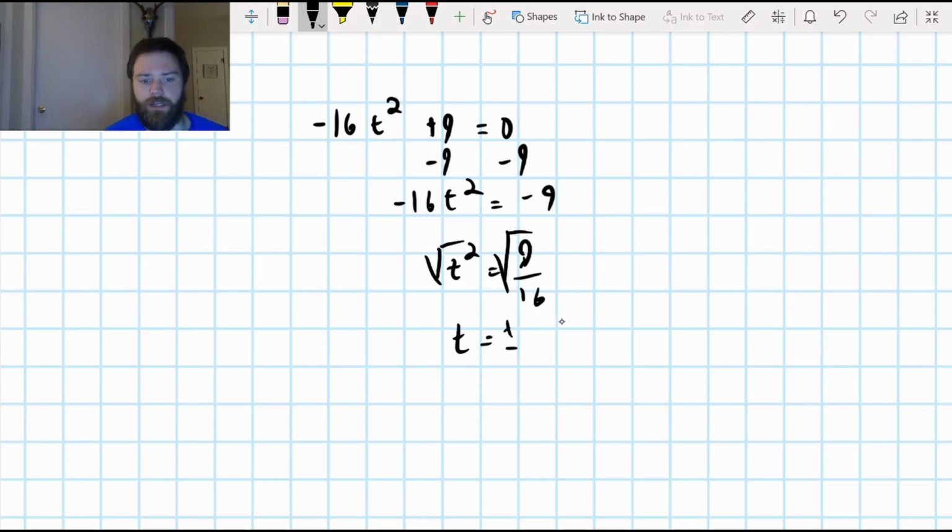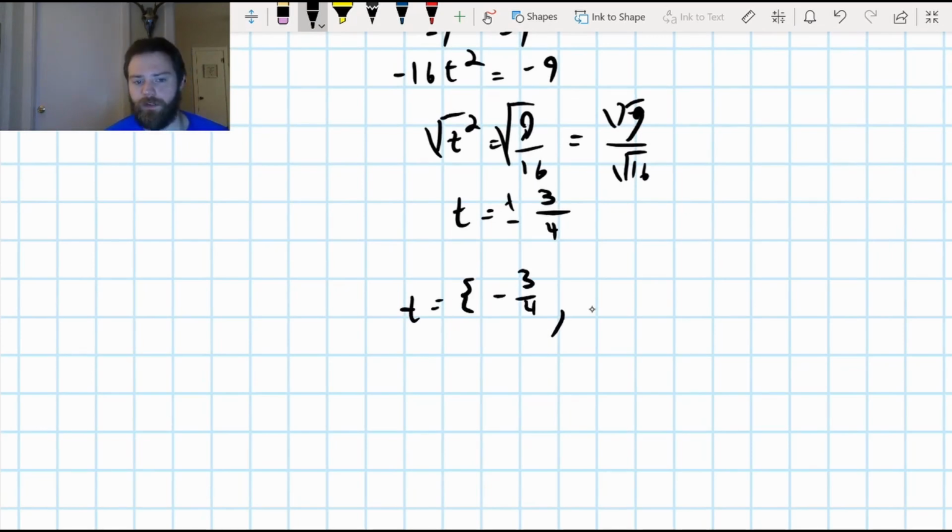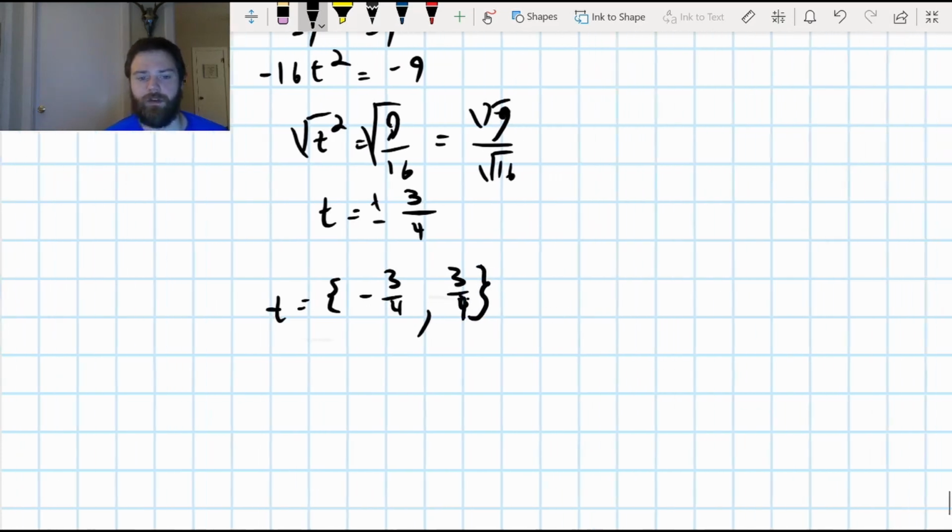But I get t equals plus or minus the square root of 9 over the square root of 16, which is just 3 over 4. And so t equals negative 3/4 and positive 3/4. So 3/4 is about 0.75.